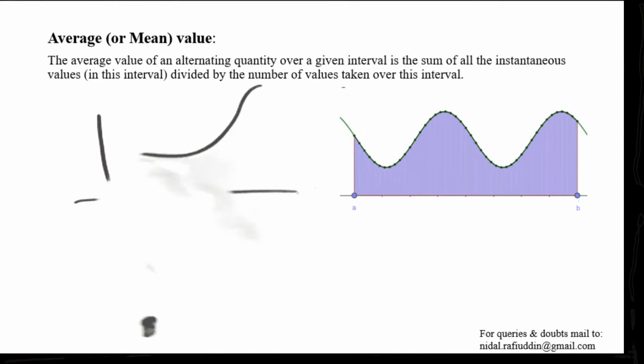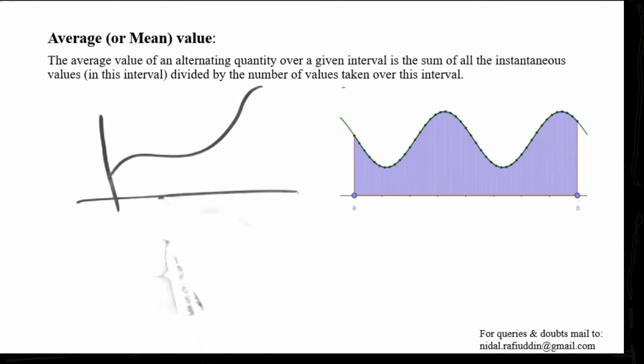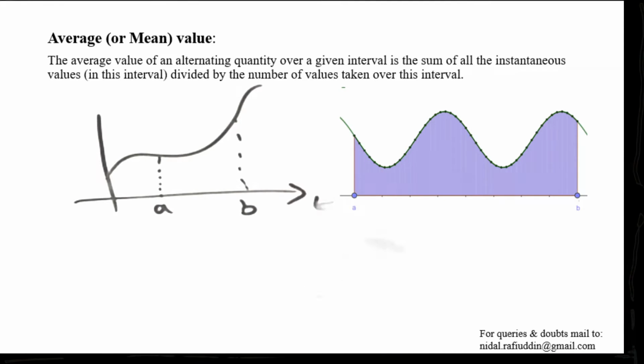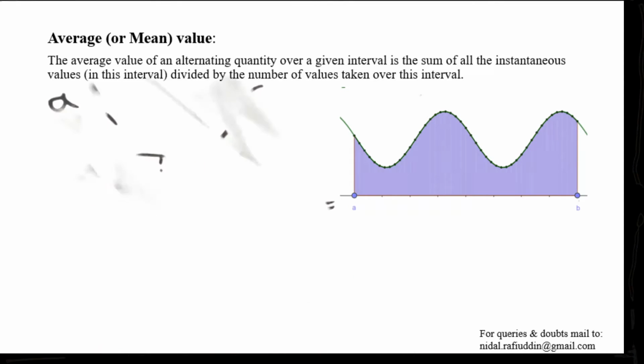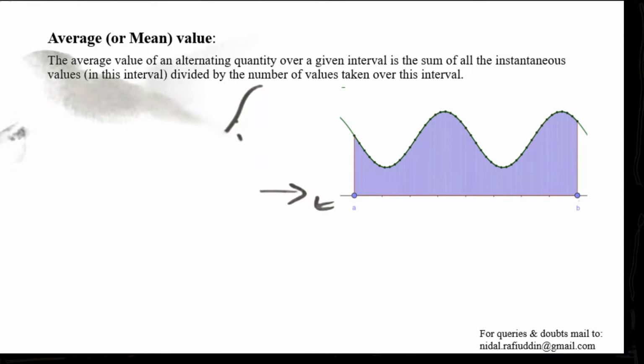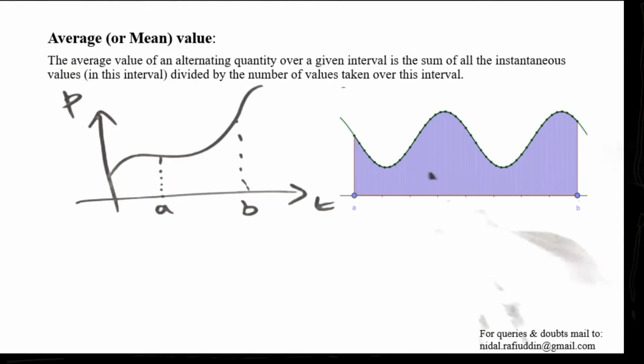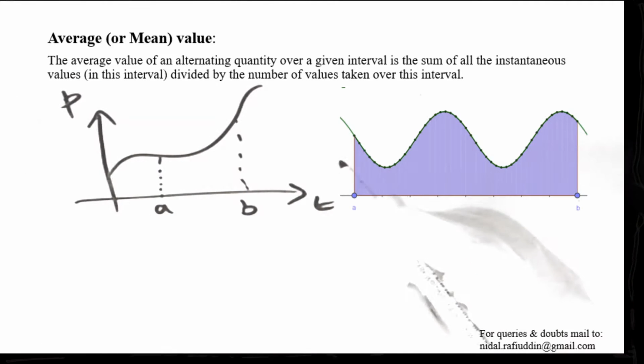Let's say this is the curve, and we may be talking about computing average between the points A and B. Let's say this is t, this is amplitude, small a. We have taken a here, so we'll be calling this small p. So let's say we have a curve.